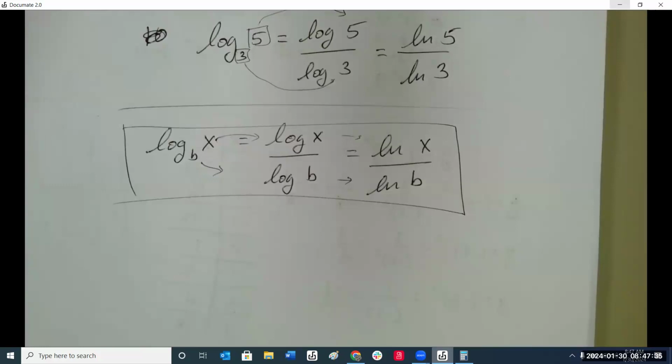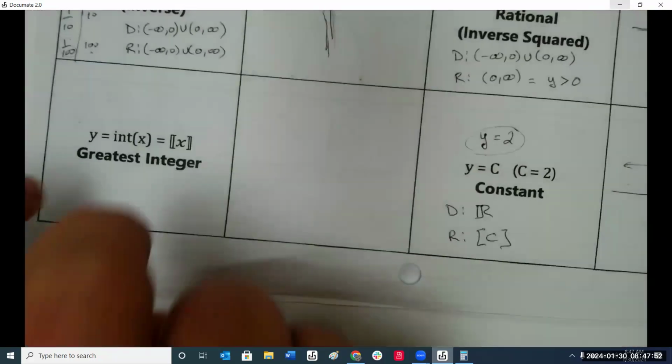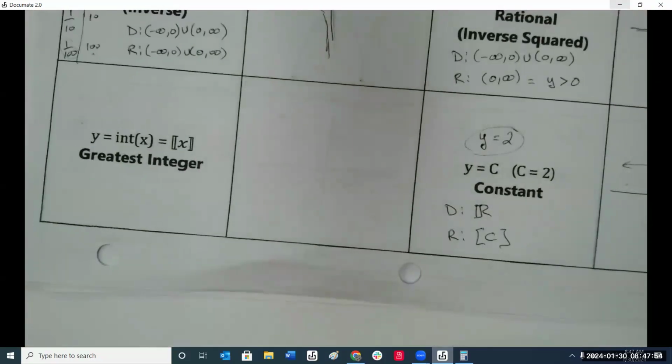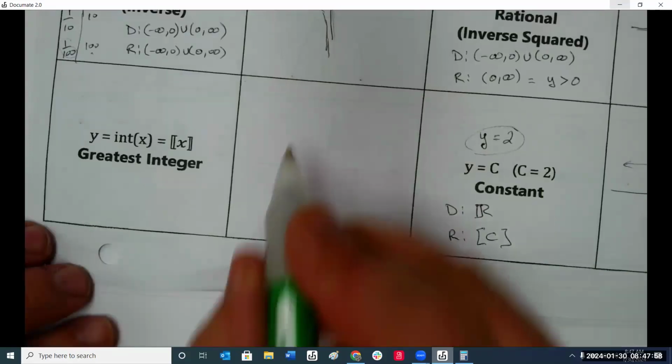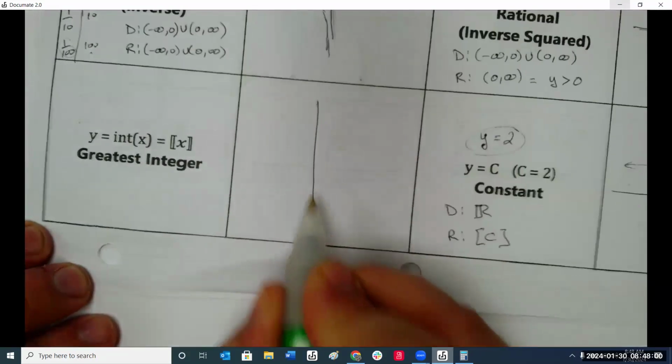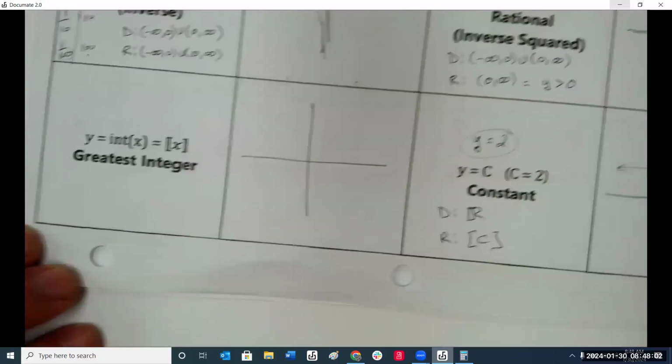And the last one. The greatest integer function. What does the greatest integer function look like? And what does it mean? This one here. Have you ever seen that function before?